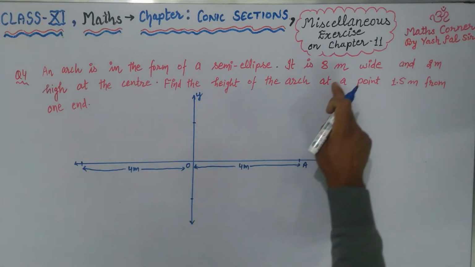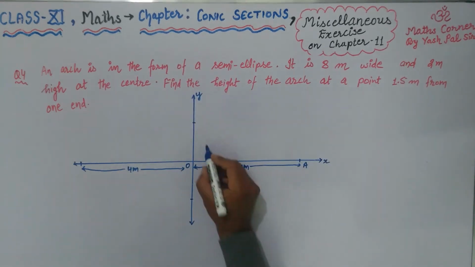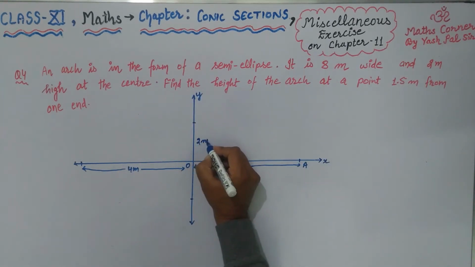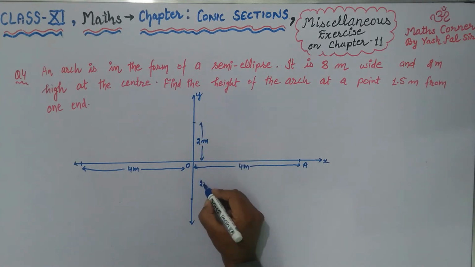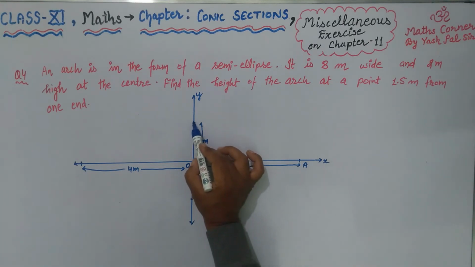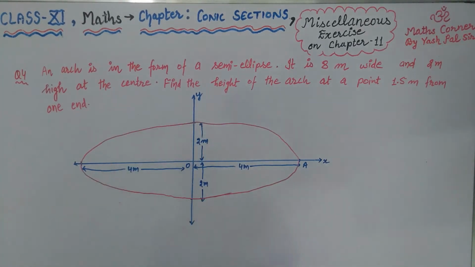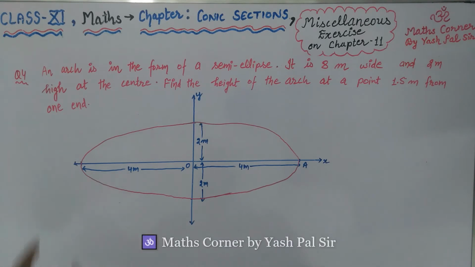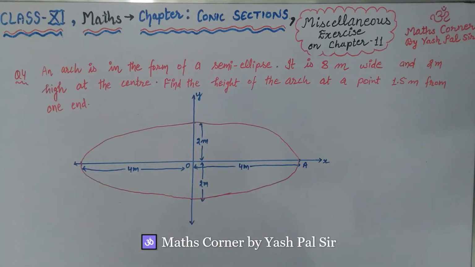8 meter wide, 4 plus 4, 8 meter, and 2 meter high. So this is 2 meter high, 2 meter below. Okay, so this way we have the ellipse. Ellipse is like this, right? But an arch is in the form of a semi-ellipse.